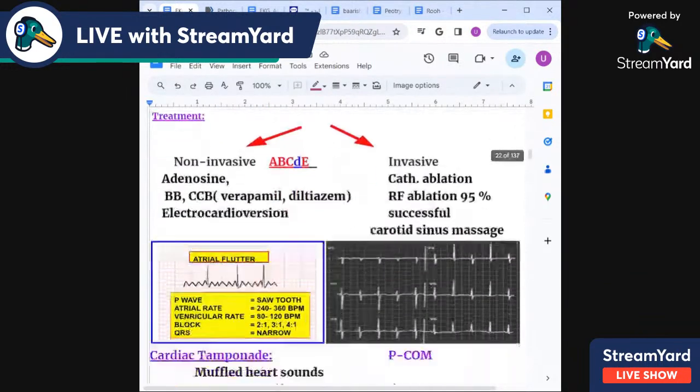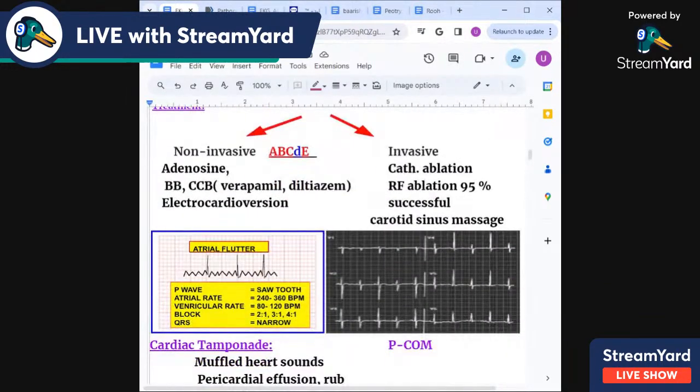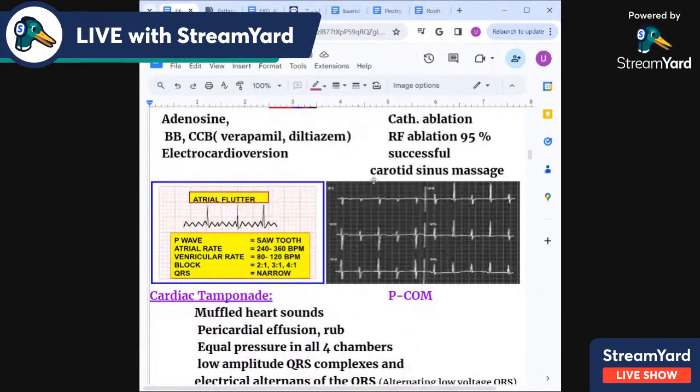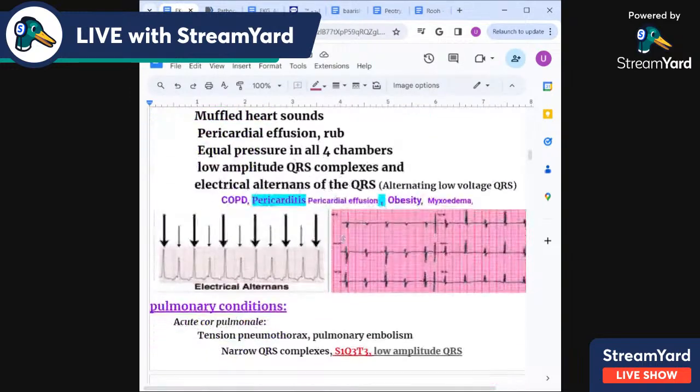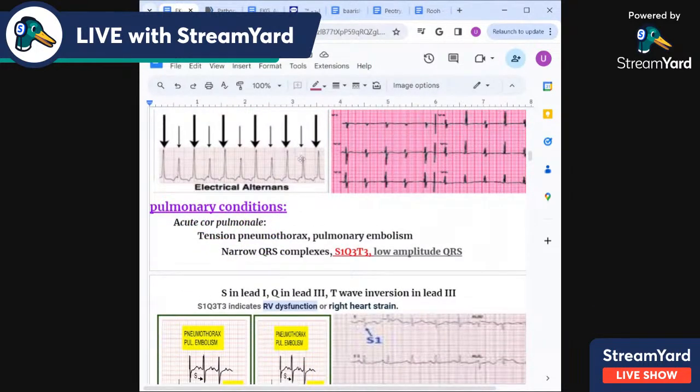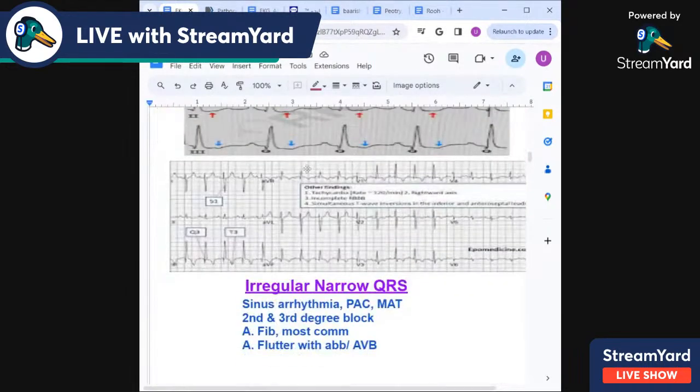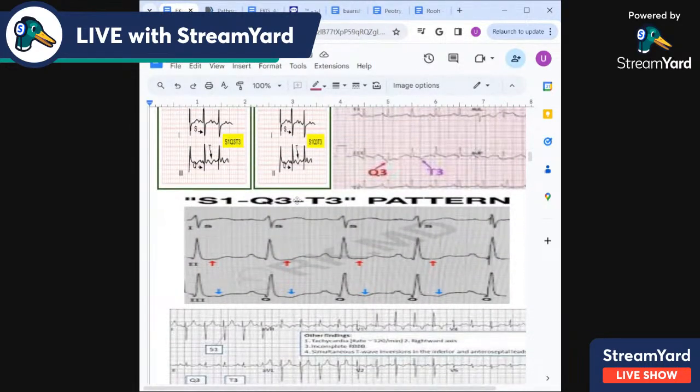Then we did the treatment of that as ABCDE, the mnemonics, and then we did the cardiac tamponade, in which we had alternating low voltage QRS complexes in the EKG, then the pulmonary condition causing S1, Q3, and T3.